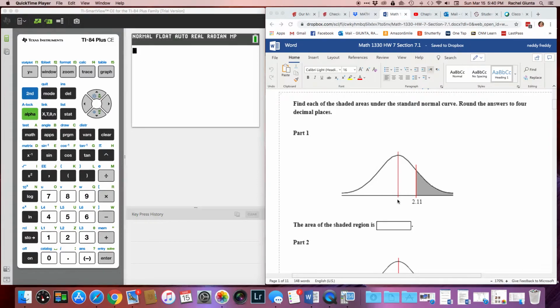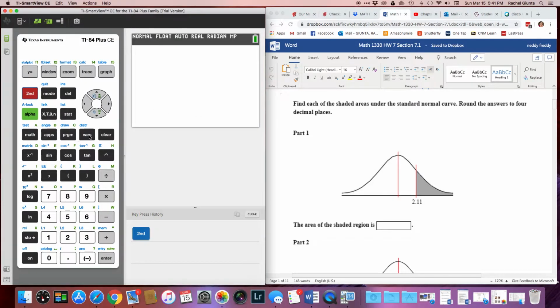You don't really need to know that. And anything on this left side is going to have a z-score below 0, a negative number. So for all the questions, when they want you to find the area, it's not always going to be a picture with a shaded area, but it'll say area under the standard normal curve.